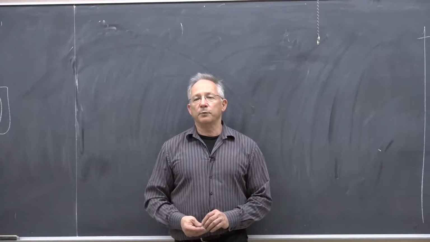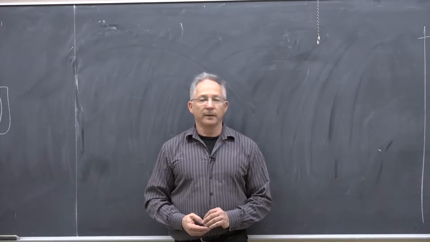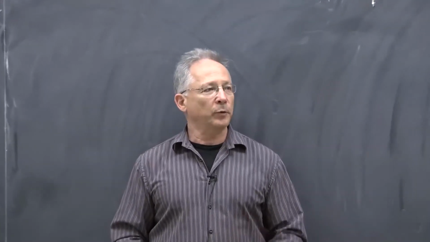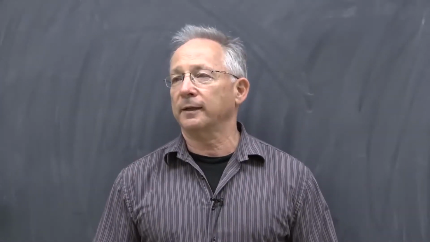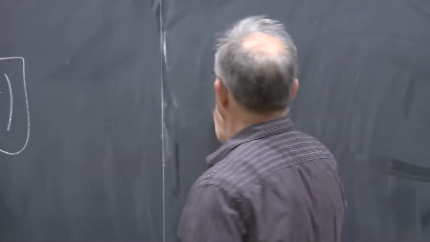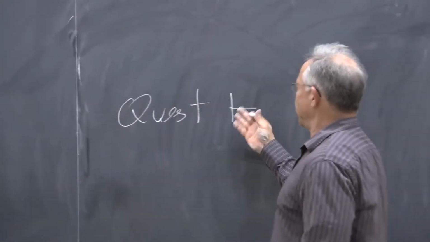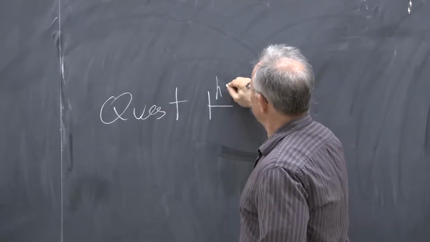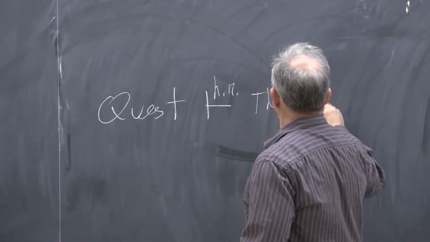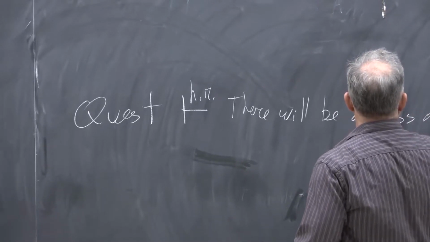Assume that your assumptions are everything that's written on Quest. So every piece of information you can find on Quest is your assumptions. You go to Quest and you see that there is going to be a logic class on Thursday at 2:30. So you conclude, as human reasoning, that there will be a class on Thursday.